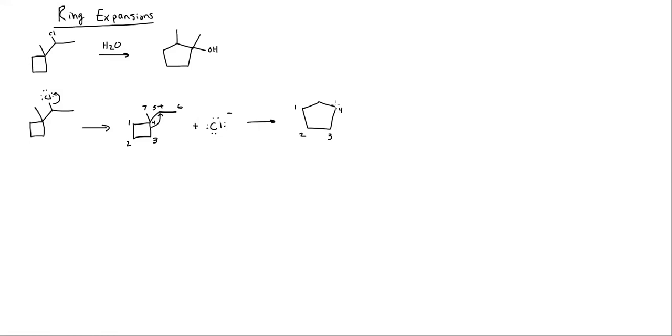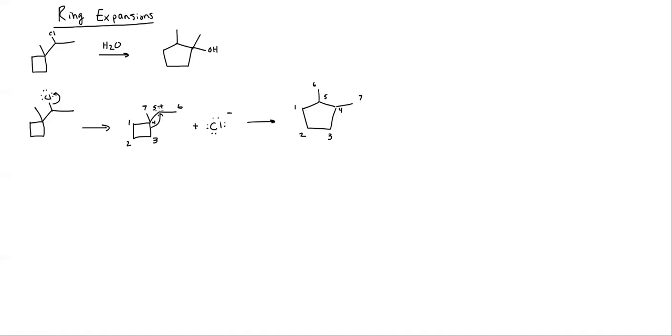And then on 4, I have a methyl group, which is carbon 7, right? So this is 7 right there. And then next to 4 is 5. And 5 is attached to carbon 6, which is that methyl group. Okay, so this is what's going on. So now my question is, where is that positive charge? So look at it this way.